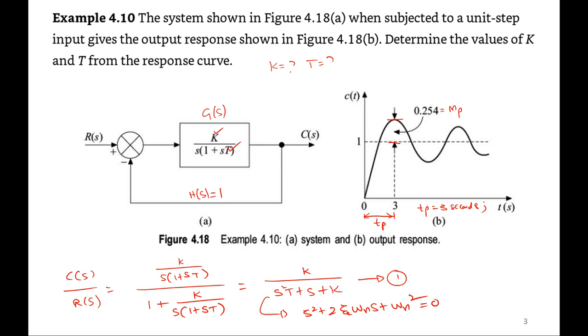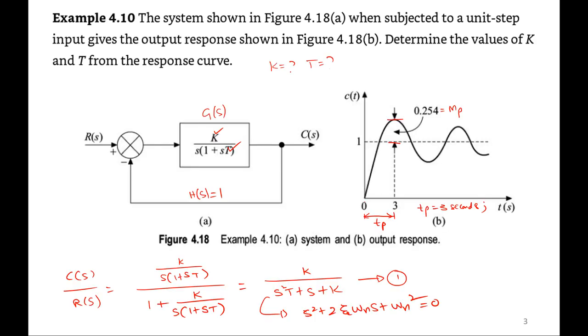While comparing, omega n square is equal to K, and 2 zeta omega n is 1. Okay, I have made a mistake here. I should not compare directly, because it should be in the form s square plus 2 zeta omega n s plus omega n square. So let me scratch it and rewrite it.